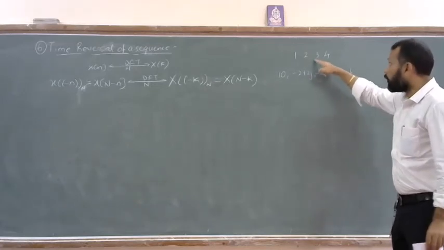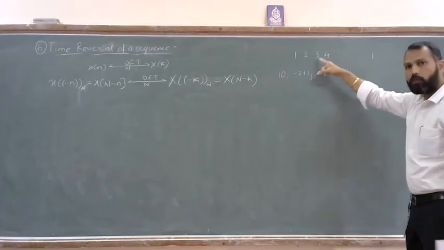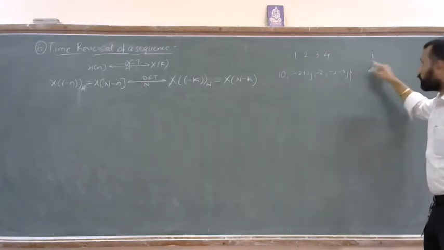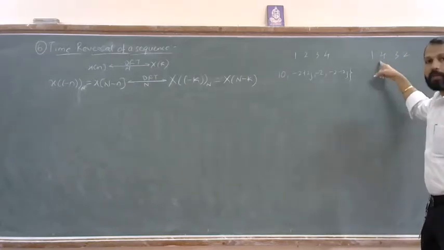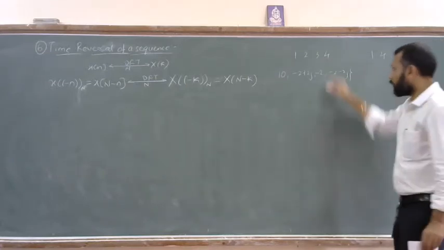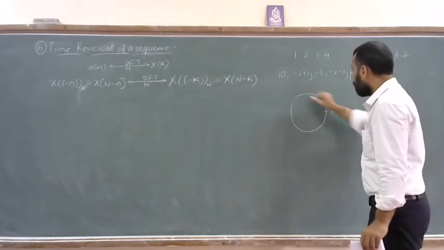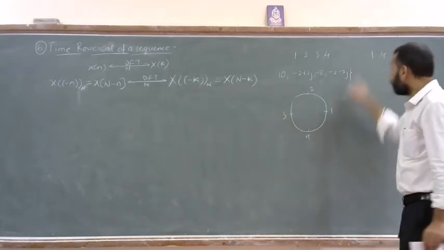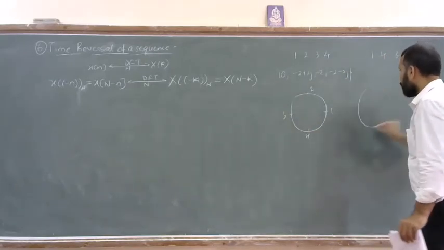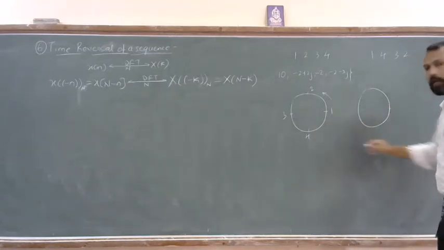Now if you circularly fold the sequence, how will you get this? In circular folding, the first sample will be as it is, and all the other samples will be reversed. If you plot 1, 2, 3, 4 on the circle, it will be in the anti-clockwise direction. If you plot its circular folding, then instead of the anti-clockwise direction, you will plot it in the clockwise direction.